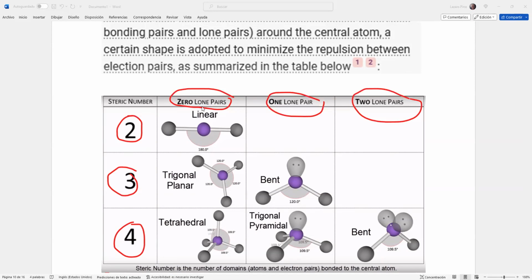Well, these are the cases where you have no lone pairs. But look at this. Here you have three groups of electrons, and one of the groups is a lone pair. Then it is not trigonal planar, it is bent.